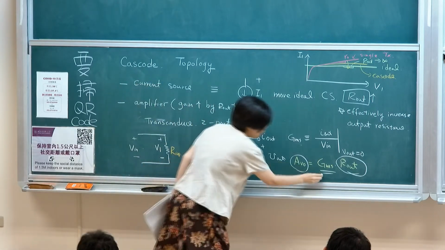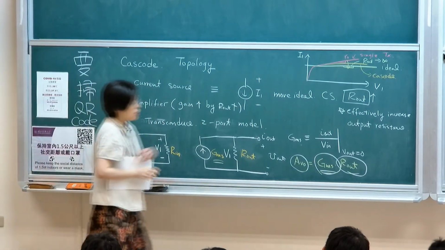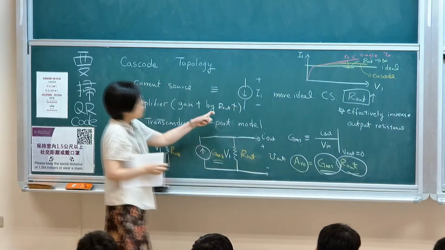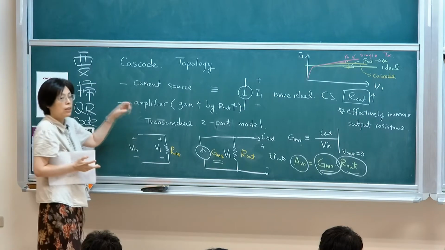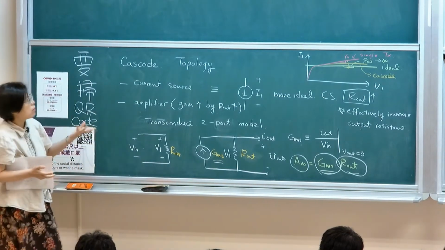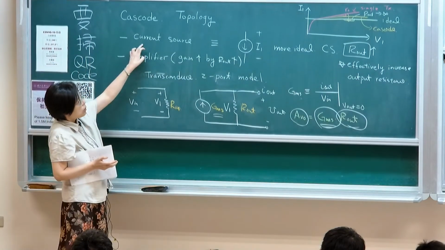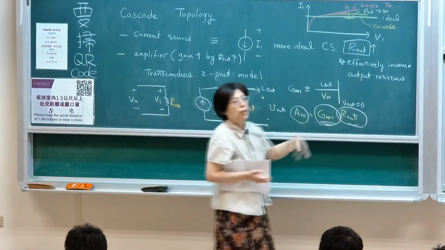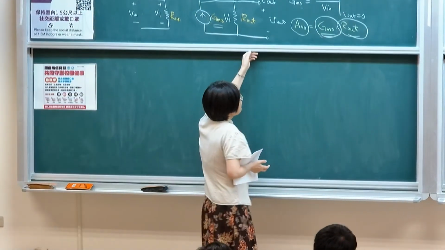If I keep the same transconductance and boost my output resistance to a high level, I can also get a high gain single-stage amplifier. That's the reason why we want to introduce the cascode structure: by boosting the effective resistance, I can increase my overall voltage gain.